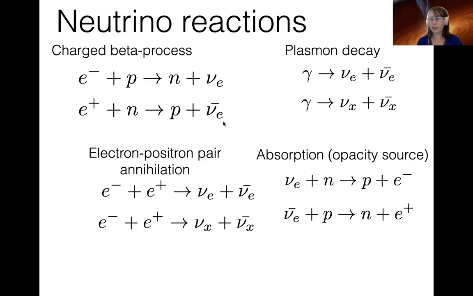Therefore, we're going to create more antineutrinos in this event. Now, this here, which is the inverse of the charged beta process, is going to be the opacity source. Again, since the material is very neutron-rich, this reaction right here is the one that's going to be dominant. So therefore, neutrinos are actually going to be the most opaque ones.